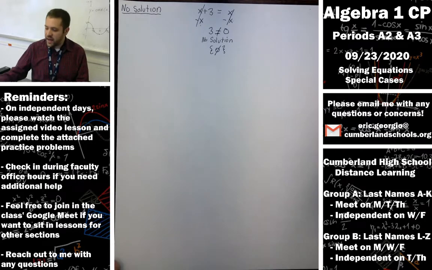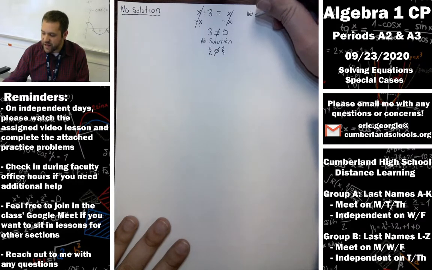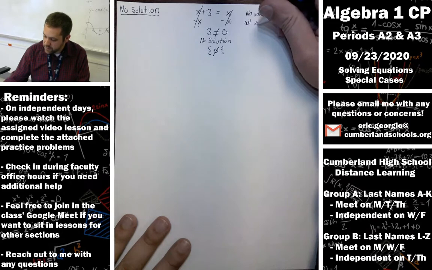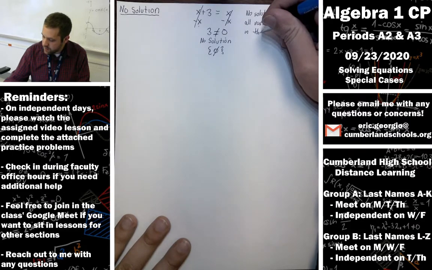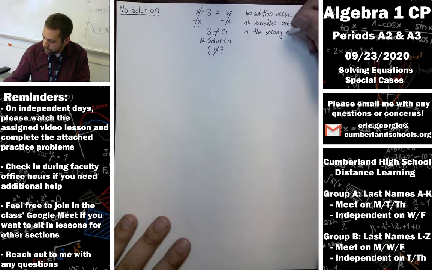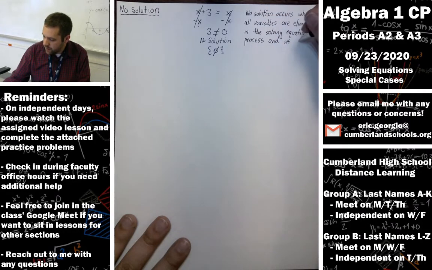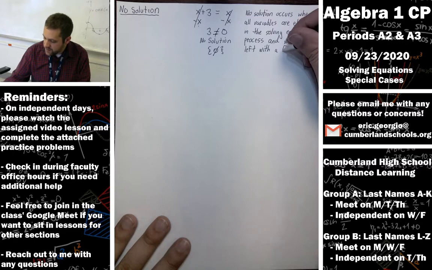All right, so a solution of no solution occurs when all variables are eliminated in the solving equations process and we are left with a false statement.